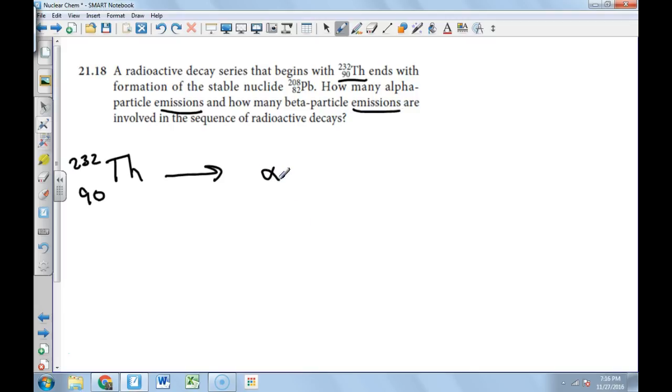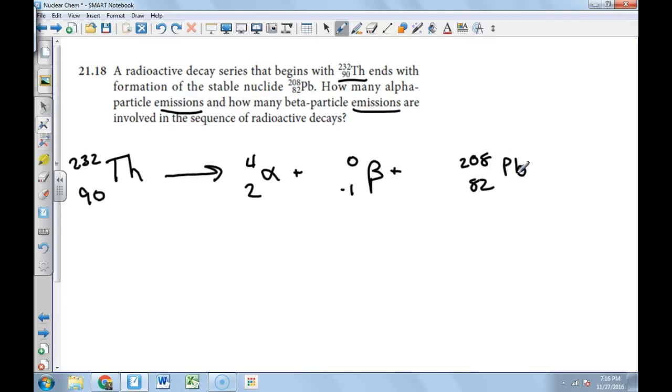So I know that I'm going to have some number of alpha particles emitted plus some number of beta particles emitted, and all of that is also going to give me lead 208, which has this symbol.